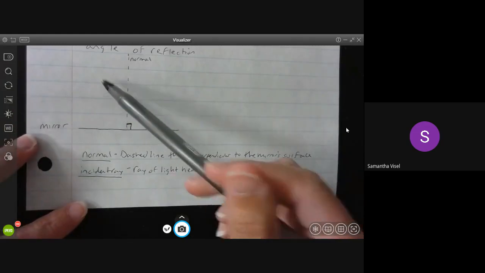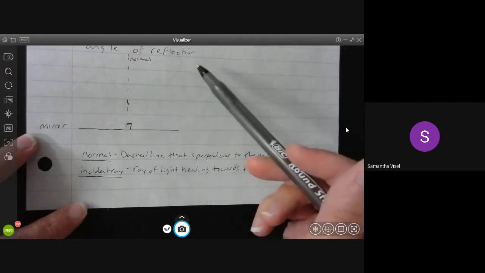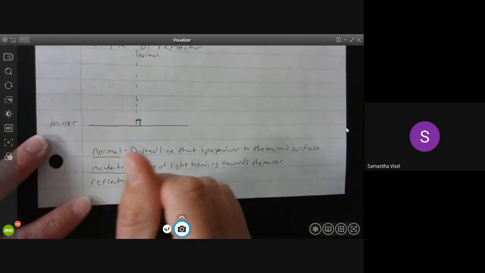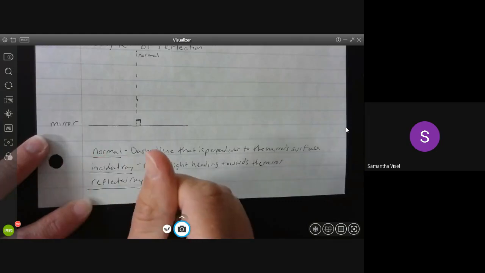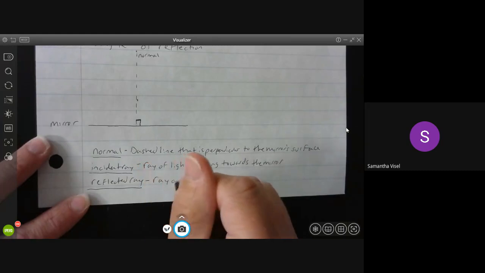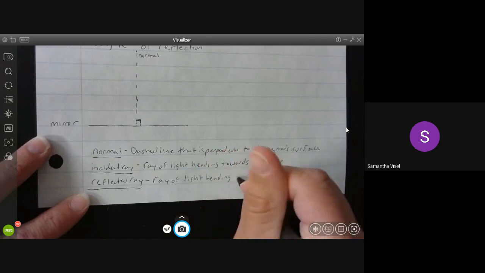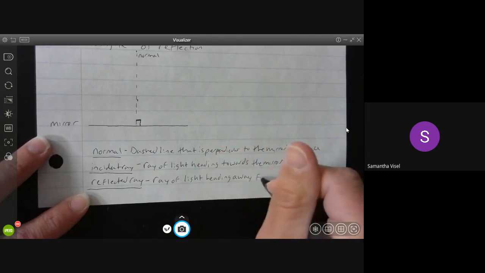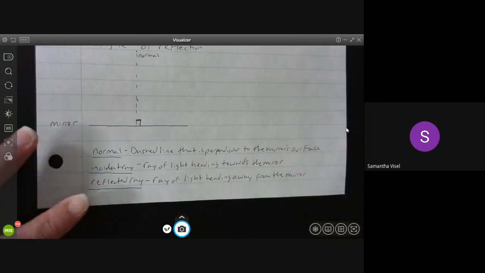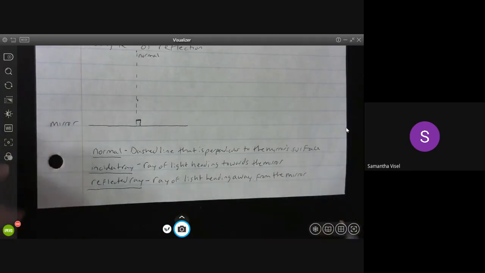Now, the ray that's going to bounce off and reflect is what we call the reflected ray. This is the ray of light heading away from the mirror. So reflected ray, ray of light heading away from the mirror.